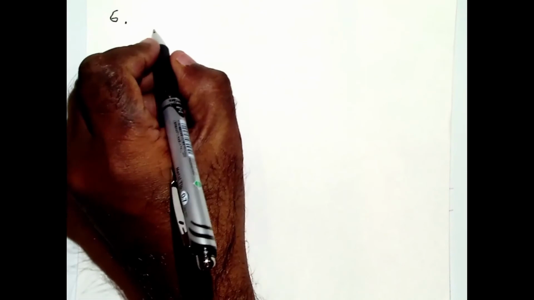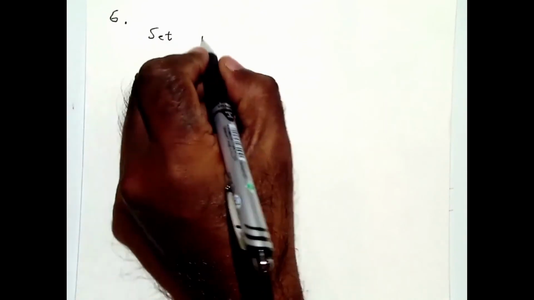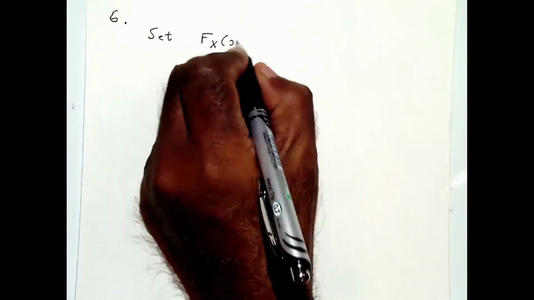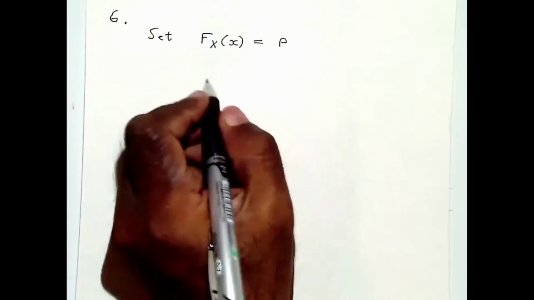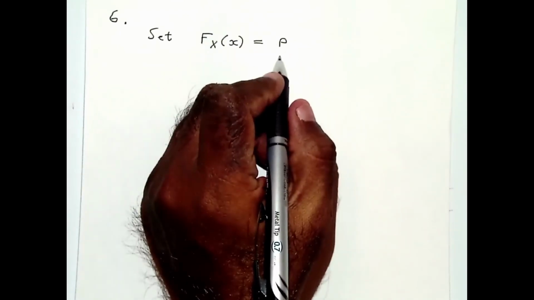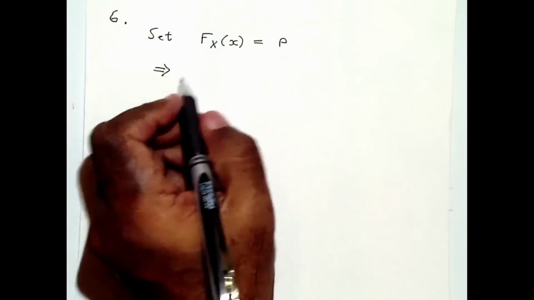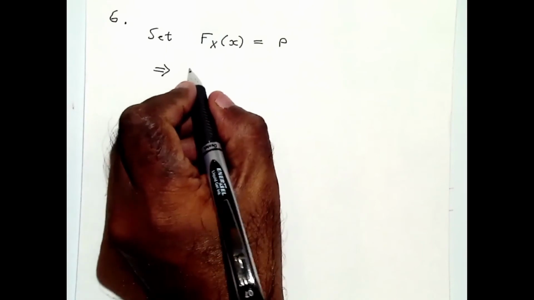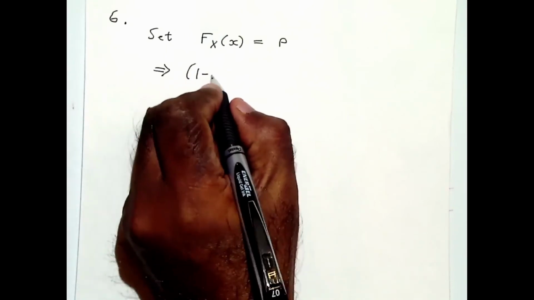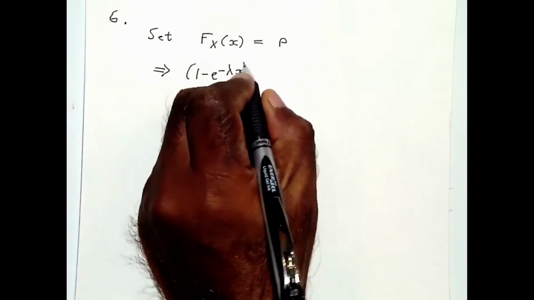Now, part 6. Part 6 is to find the value at risk. Now, remember, to find the value at risk, we need to set the CDF of x equal to p, and then solve for x in terms of p, right? So this implies, now, from the first part of the question, we know the CDF is equal to this.